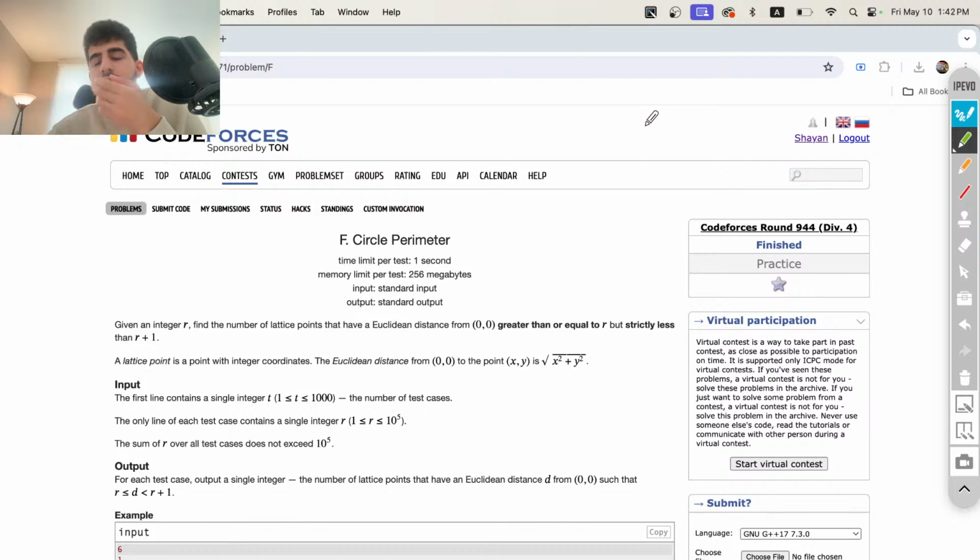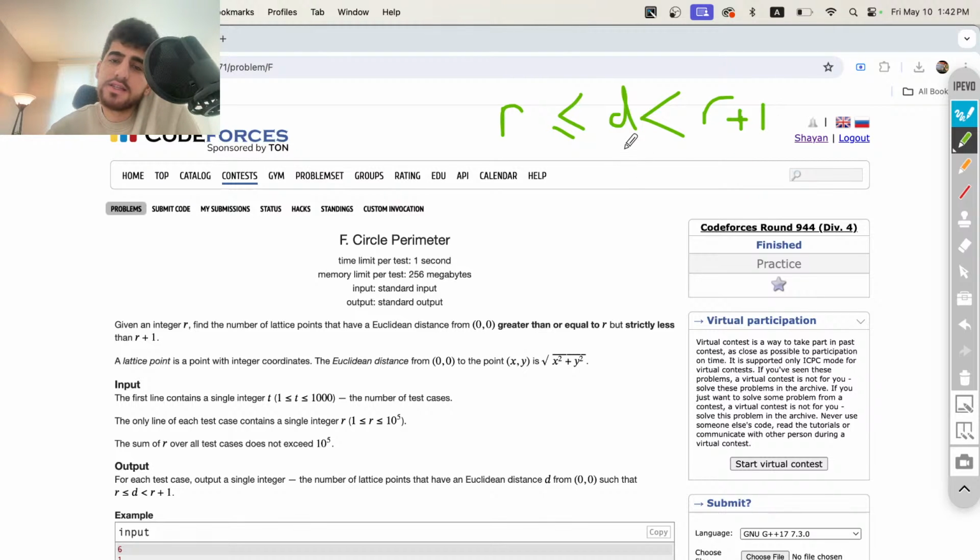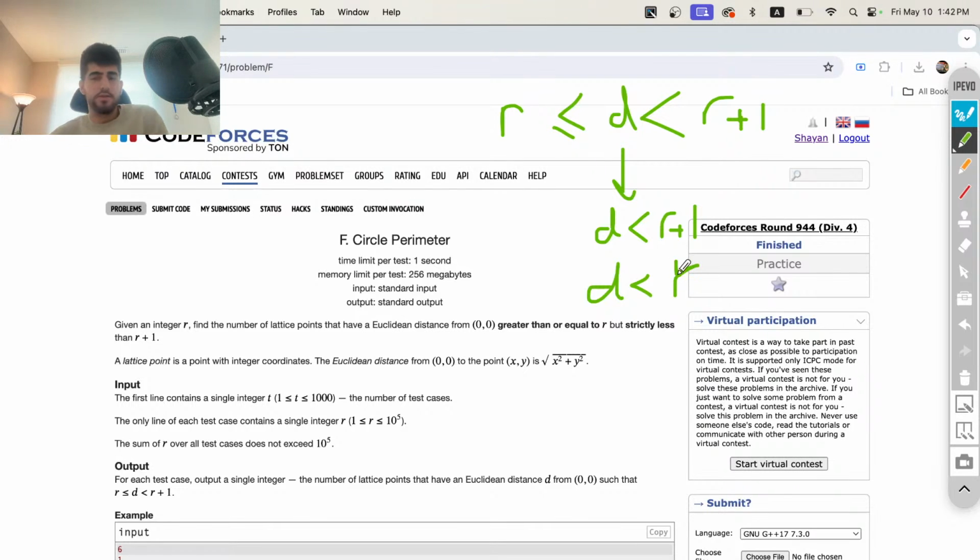I'm saying that instead of trying to find the points whose distance is greater than or equal to r and less than r plus 1, I will solve this problem instead. I will find all the points whose distance is less than r plus 1 once, and then I will solve the problem for less than r once, and I will subtract these two from each other. This is the prefix sums idea.